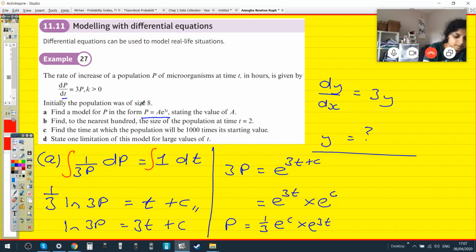Initially the population was of size 8. Does that mean you can just do 8 and then find out what e to the c is? Yes, because t is 0. So that would just be 1. Population is 8, e to the c over 3. So 24 is equal to e to the c.